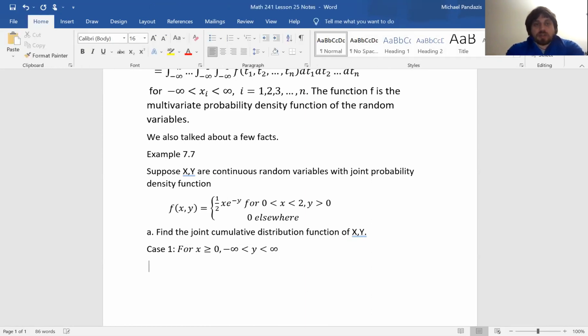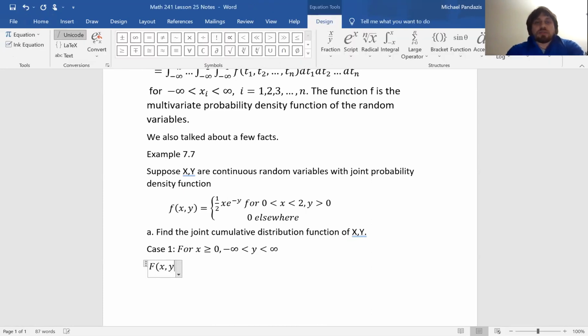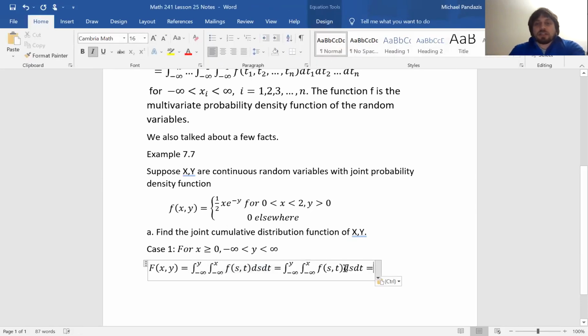Here we're talking about the joint cumulative distribution function of x and y, capital F. It's going to be the double integral from negative infinity to y, and from negative infinity to x, of f of s comma t ds dt, which is equal to the double integral of 0 ds dt.